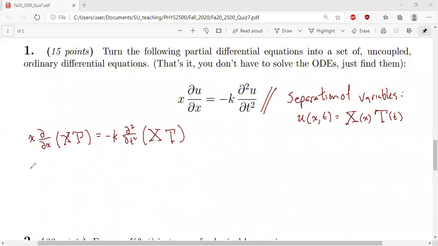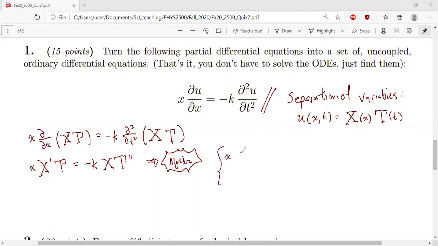Okay, so math happens and I get variable x times function X prime. T has no dependence on x, so that partial does nothing. And then minus k X T double prime. So this is the algebra step. So once I have this, after my assumption that I can separate variables, I hope that I can separate them. So I can, and I get these two equations.